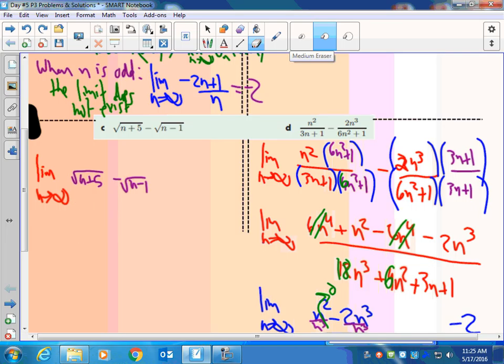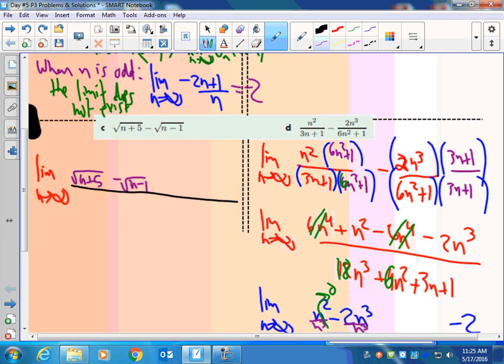So there's something we could do, and that something is to multiply top and bottom by something. And what's that something going to be? The conjugate. The conjugate will give us something wonderful in the numerator and square root of n plus 5 plus square root of n minus 1 in the denominator.